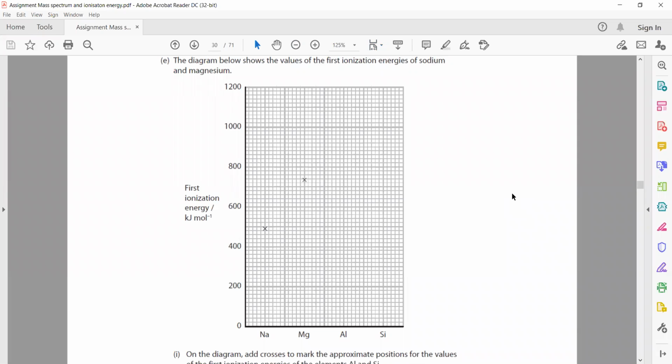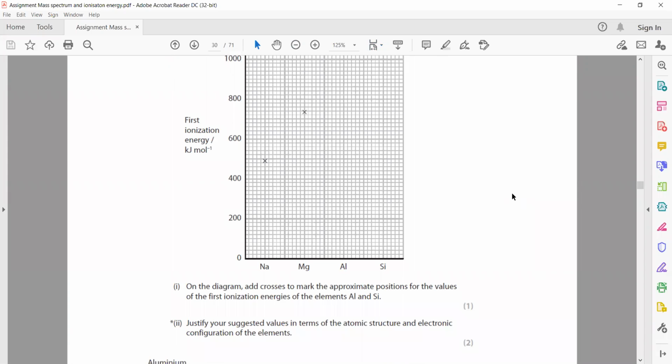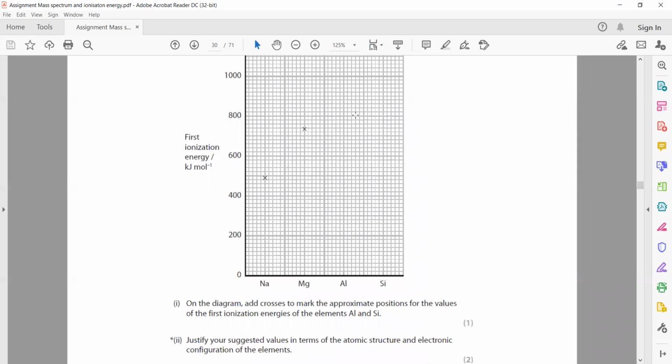The diagram shows the values for first ionization energy of sodium and magnesium. Justify: on the diagram, add a cross to mark the approximate position for the values for aluminium and silicon. So aluminium will be between magnesium and sodium. Why? Because for aluminium we remove an electron from the 3p orbital as compared to magnesium, and it will have more shielding effect, so it can easily remove electrons.